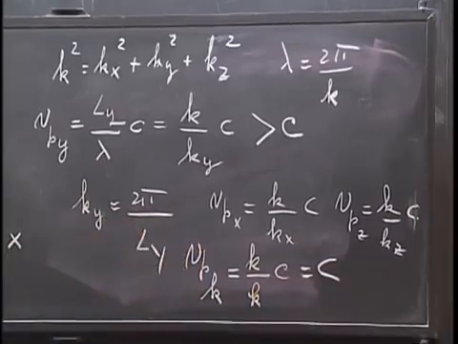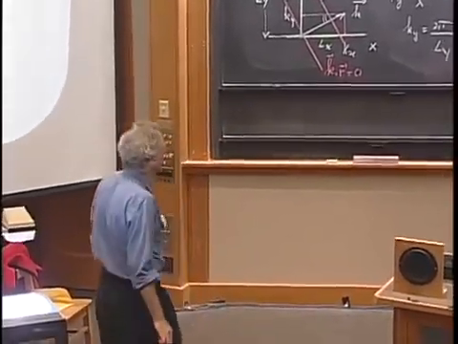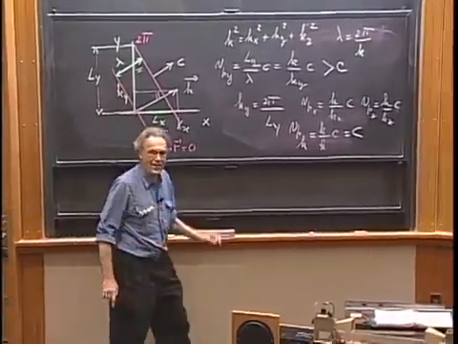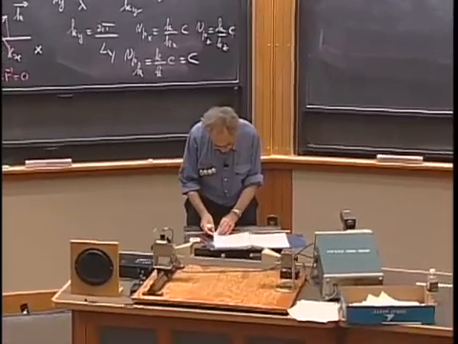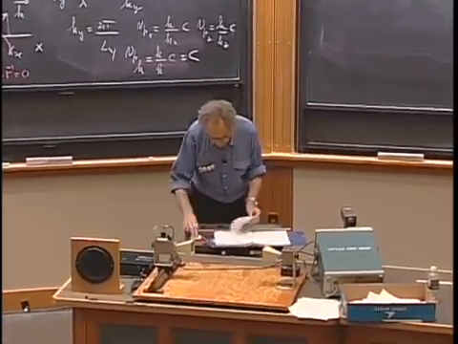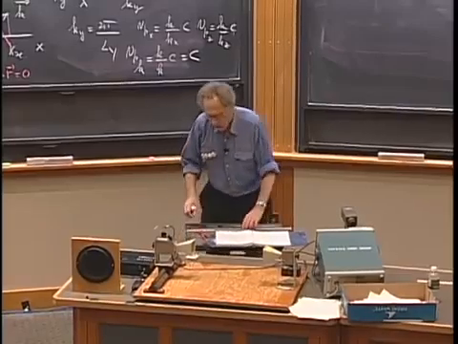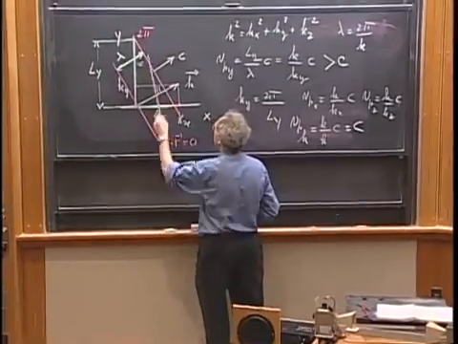Of course, in the direction of k, it propagates with the speed of light. But this pattern moves way faster than the speed of light, and it can actually get completely out of hand. It can be very, very large. Suppose these waves travel in the x direction.